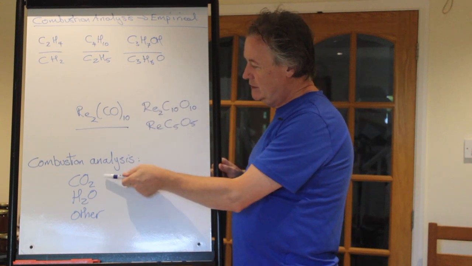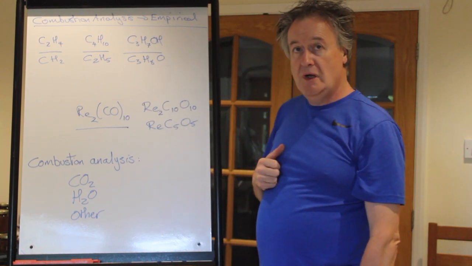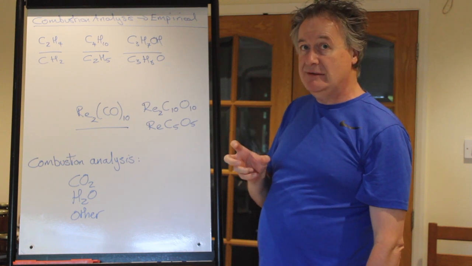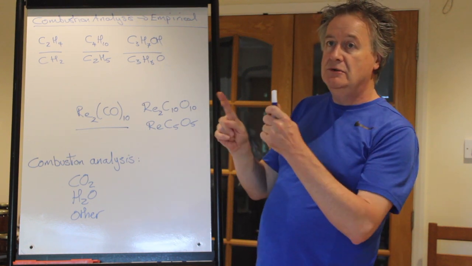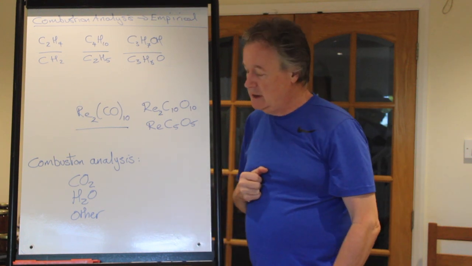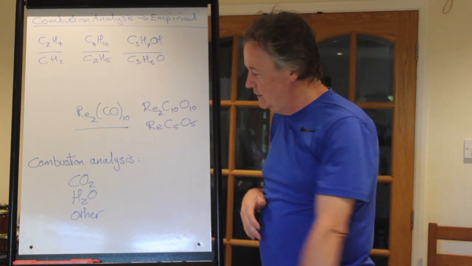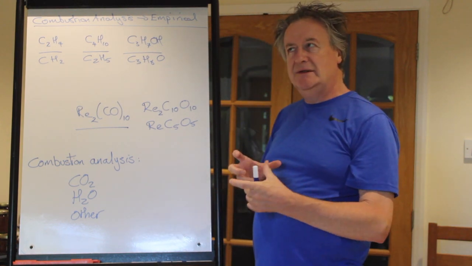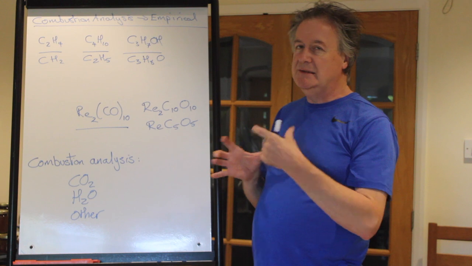And you would get carbon dioxide. You find out how much carbon dioxide in terms of mass there is. There's a little diagram of how you trap carbon dioxide and water. It's not actually how it's done really. It's done in a machine these days.